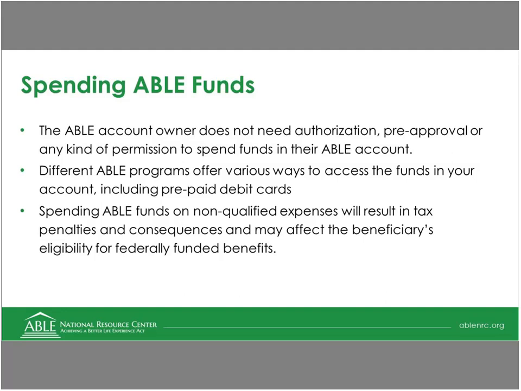So again, while the definition of what these funds can be spent on is extremely broad, if they're spent outside the confines of the law or how they're supposed to be spent, not only will there be tax penalties and consequences, but perhaps more importantly, the individual could put into great jeopardy their eligibility for benefits provided through programs such as SSI and Medicaid. So it's important to understand exactly what these funds can be used for, and it's important to understand what would happen if the funds are misused.